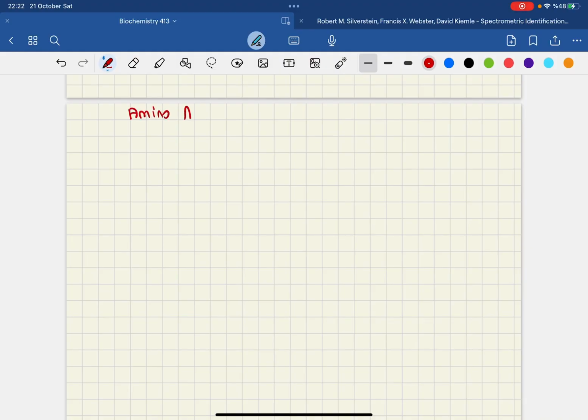Amino acids with polar uncharged side chains. All right, and then we have serine. We have asparagine and glutamine.